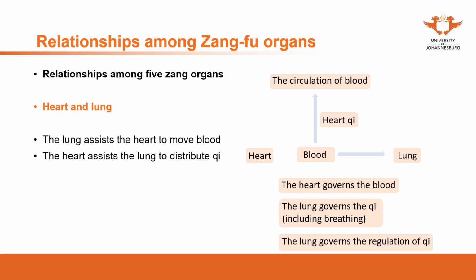So in order to study the relationship, we can study from the position of the physical body, the relations, we find the agents, also from physiological condition, pathological changes, and also the relationship of the essence, blood and qi.